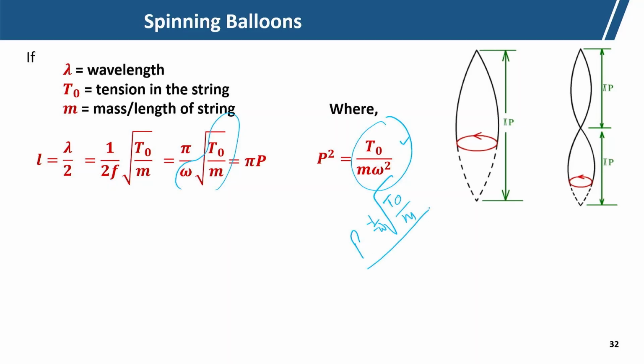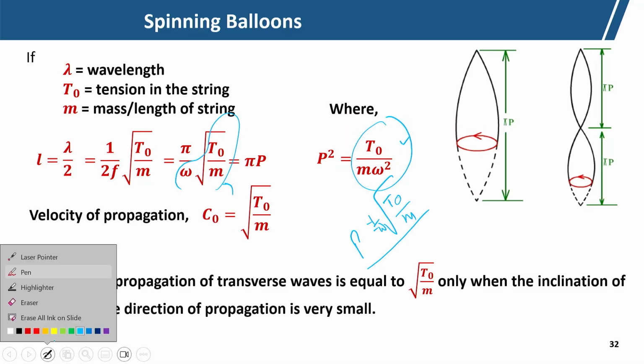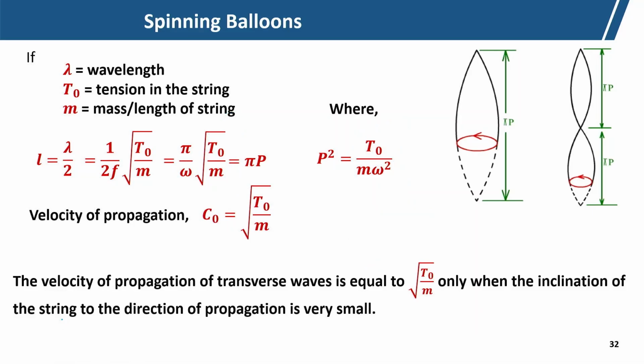So, that is P, so pi P is there, and the velocity of propagation C0 is equal to under root T by m. This is the velocity of propagation. The velocity of propagation of a transverse wave is equal to under root T0 by m only when the inclination of the string to the direction of propagation is very small. So, that is important.